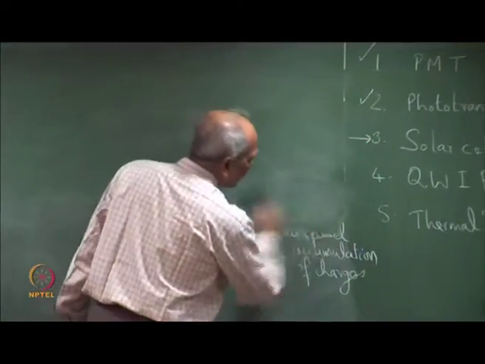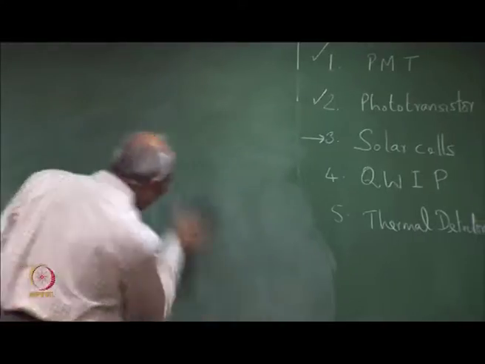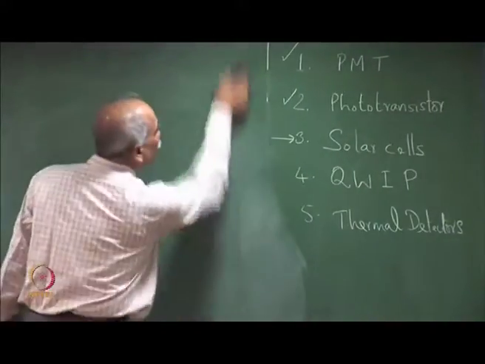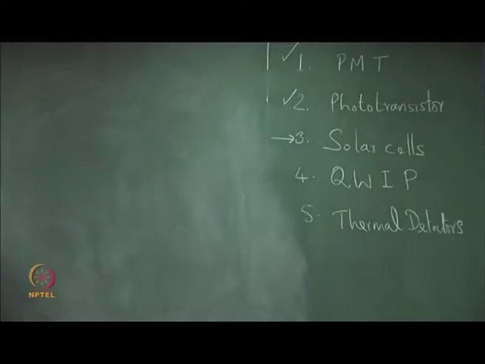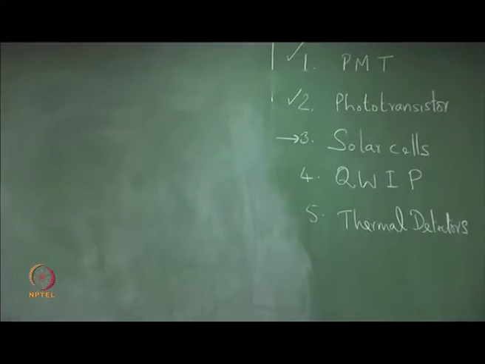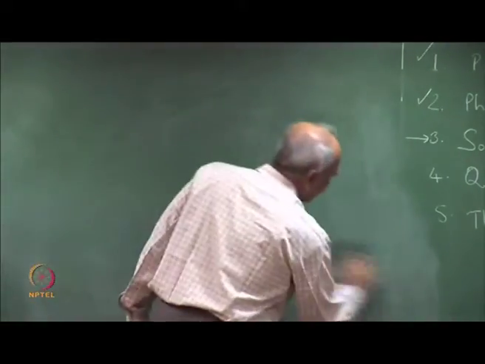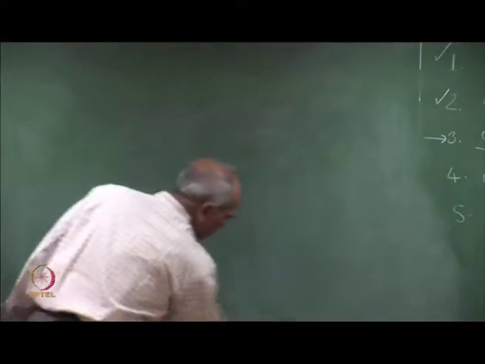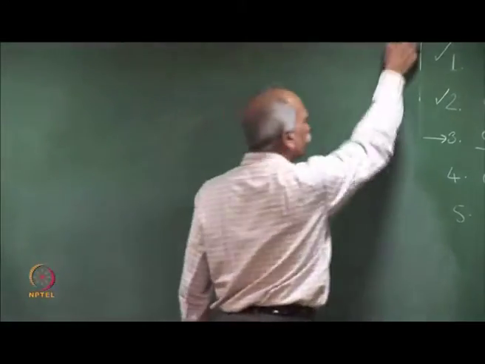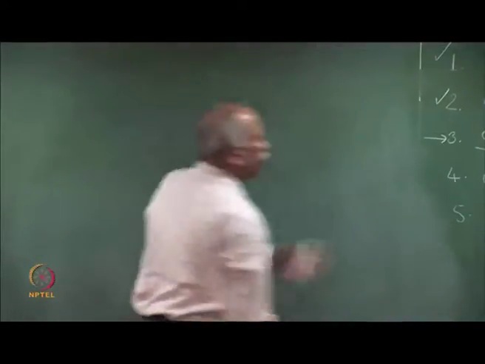A solar cell is not used as a detector normally, it is used for power generation, as all of us are aware, but the proximity of solar cell operation to the principle that we have already discussed in the operation of pin photodiodes is what makes it very interesting. Solar cell.